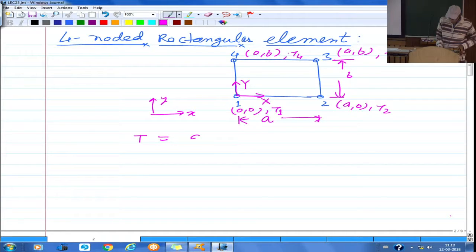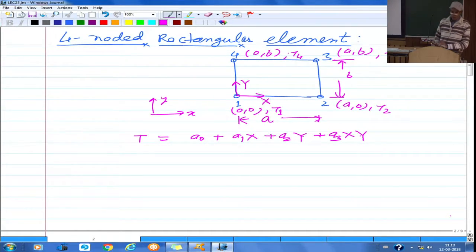So you can assume this as A0 plus A1x plus A2y plus A3xy, because with 4 degrees of freedom per element you can have 4 terms in the approximate solution. You have a constant term, then linear in x, linear in y, and then this bilinear term xy. So this is what you can have if you are formulating a 4-noded rectangular element.